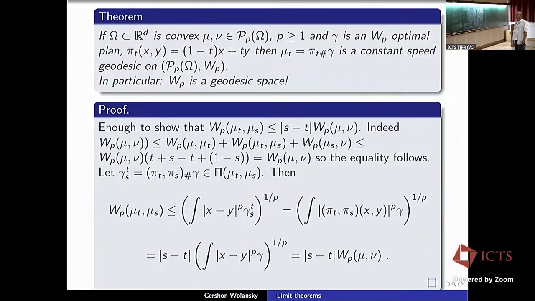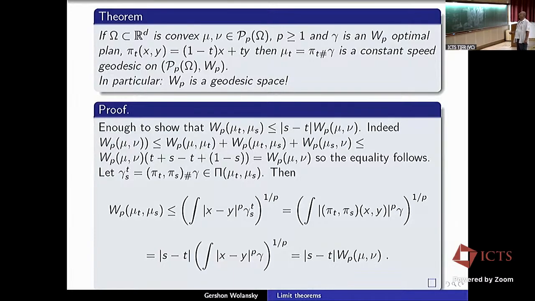Again by the triangle inequality, the distance between mu and nu is smaller than the distance between mu and mu t, plus the distance between mu t and mu s, plus mu s to nu. And then if we have this inequality, we can estimate it from above by W_p between mu and nu times t plus s minus t plus 1 minus s, right? Because this will be these distances. So this is just W_p, and so we have equality all the way.